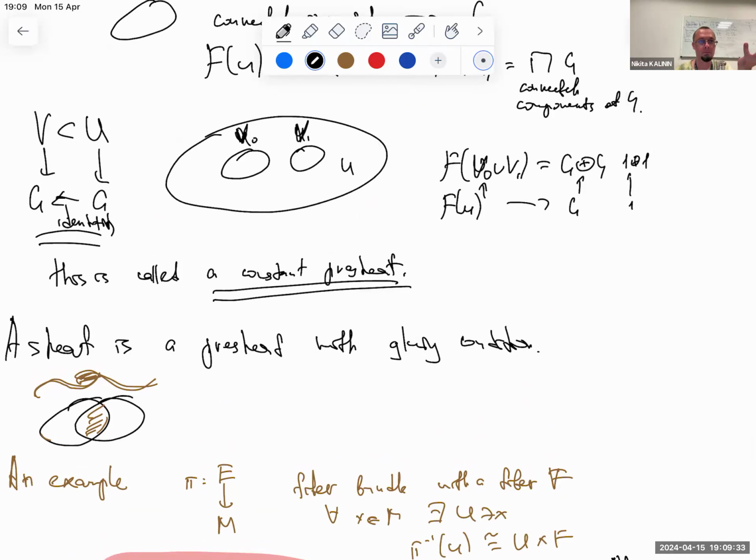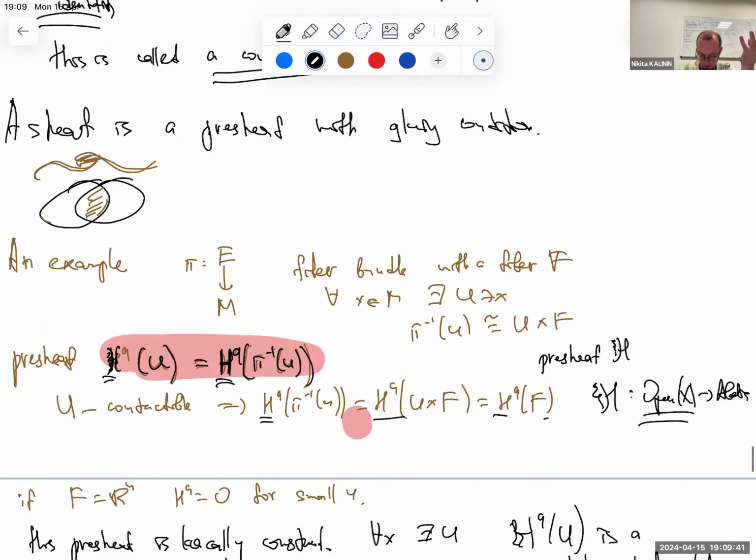If for any point x there is such a U such that the restriction of the presheaf to U is constant, then the presheaf is called locally constant.